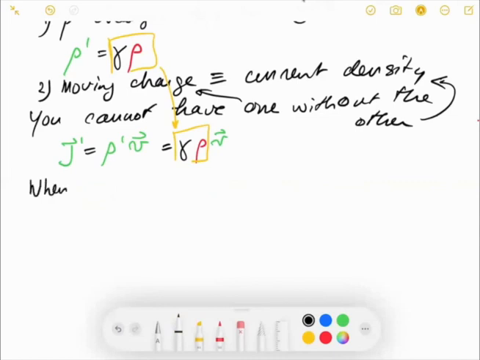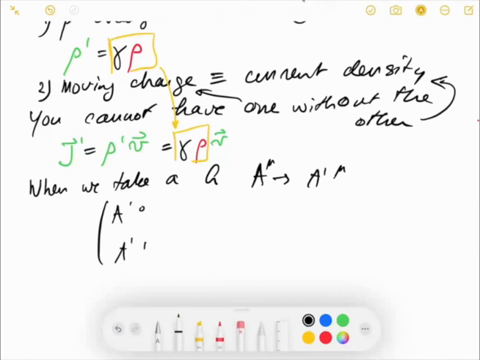so when we take a Lorentz transform that takes you from some A to A prime, some 4-vector physical quantity, so A mu to A prime mu, and let's do this with just time and x, then you should remember that there's the A prime 0 and the A prime 1, so that will be the x component.